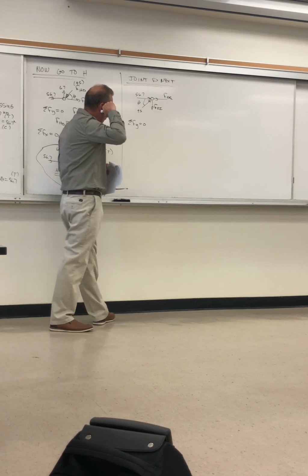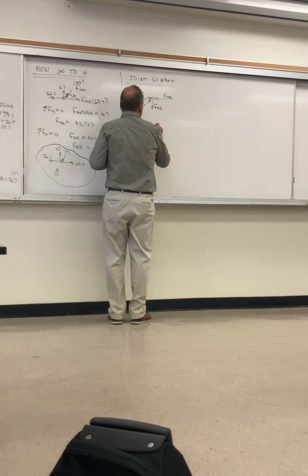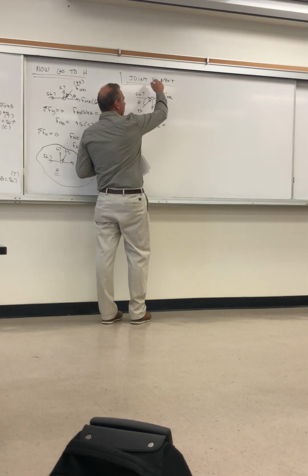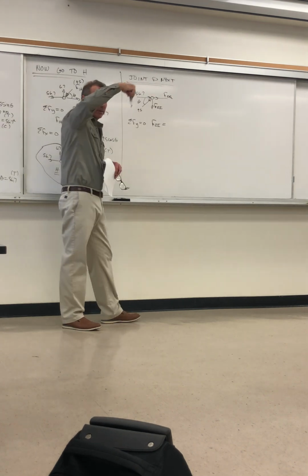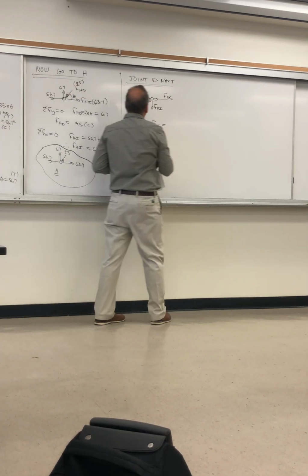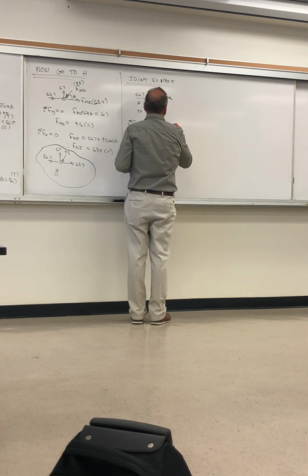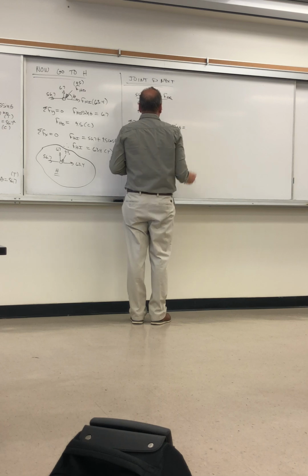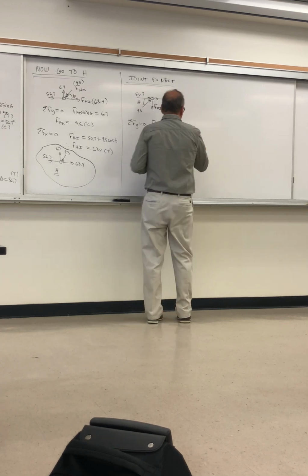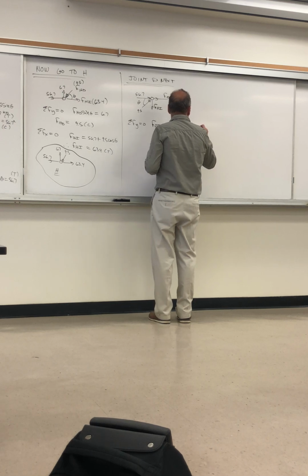Summing forces in y is 0, F of DI, and if I happen to have an external force applied to the top of the joint, we would include that in this part of the equation. So F of DI is just 9.5 multiplied by the sine of theta. That's 6.7 kips, tension.